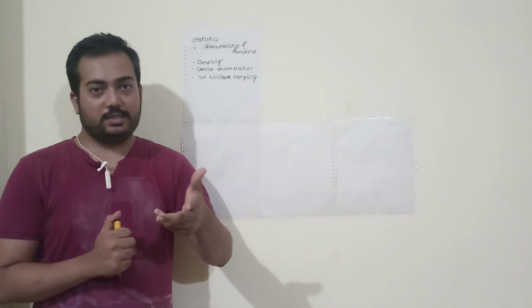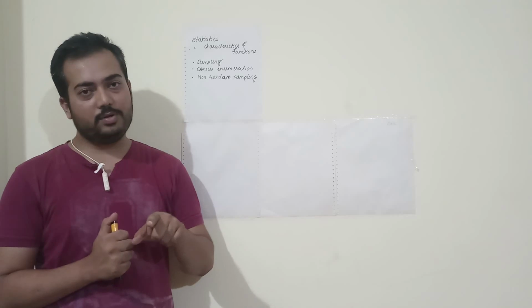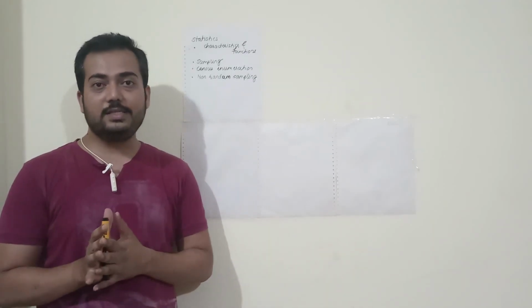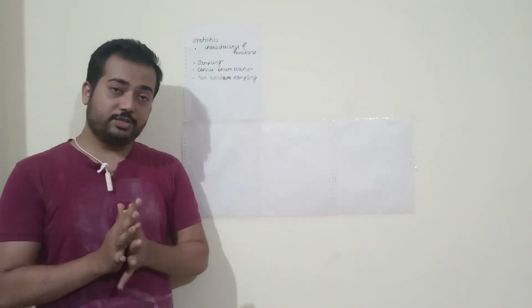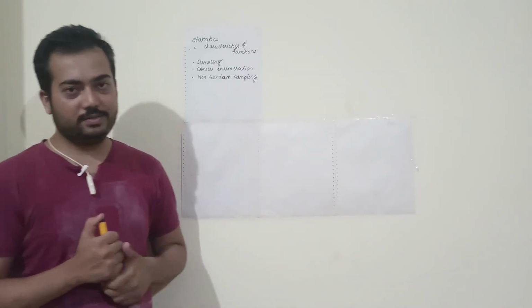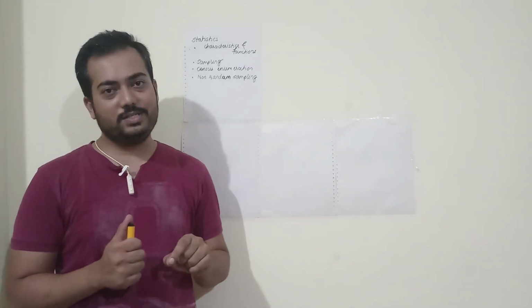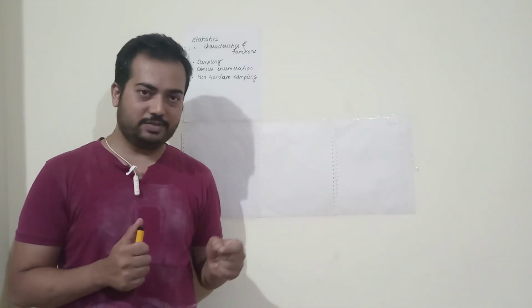The third point, which is very important, is that once this data is put into the form of a statistical table, it gives you the platform for comparison. Comparison is the base for any kind of analysis you want to do on any kind of data.